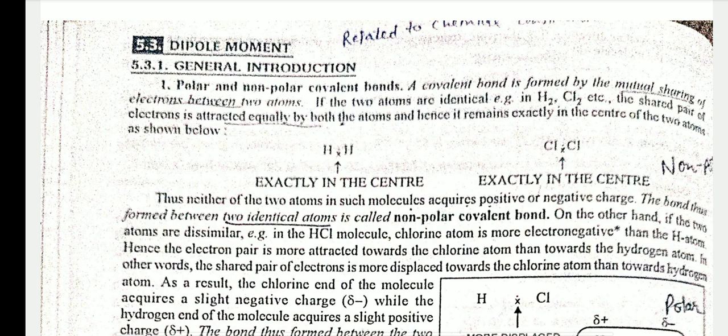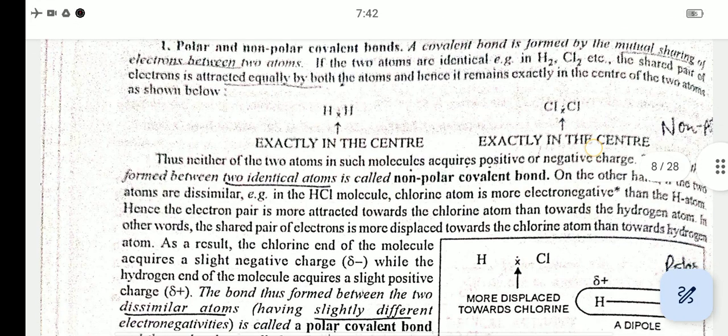On the other hand, if the two atoms are dissimilar, for example in the HCl molecule, the chlorine atom is more electronegative than the hydrogen atom, hence the electron pair is more attracted towards the chlorine atom than towards the hydrogen atom. In other words, the shared pair of electrons is more displaced towards the chlorine atom than towards the hydrogen atom.